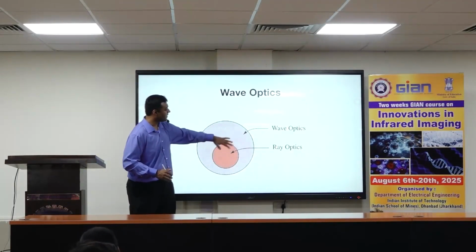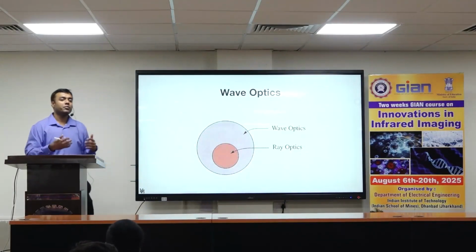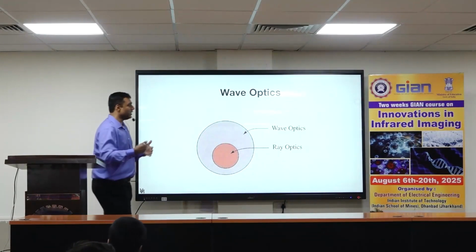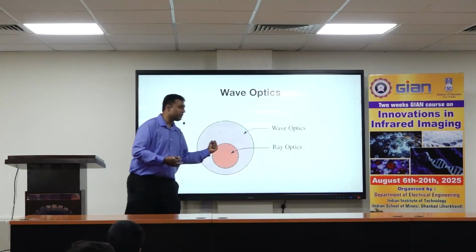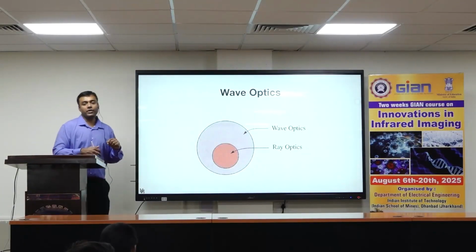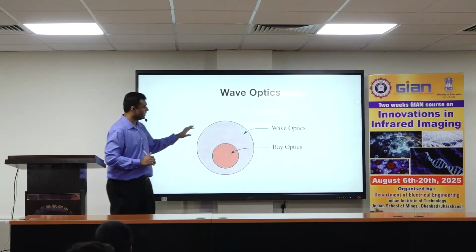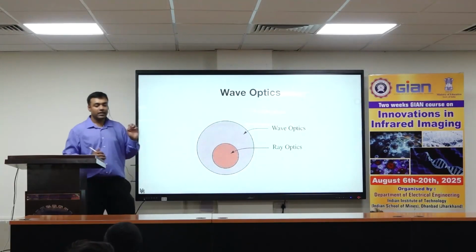Ray optics is a subset of wave optics. Wave optics is a little bit more complicated, but it incorporates everything about ray optics, which is a subset of wave optics.